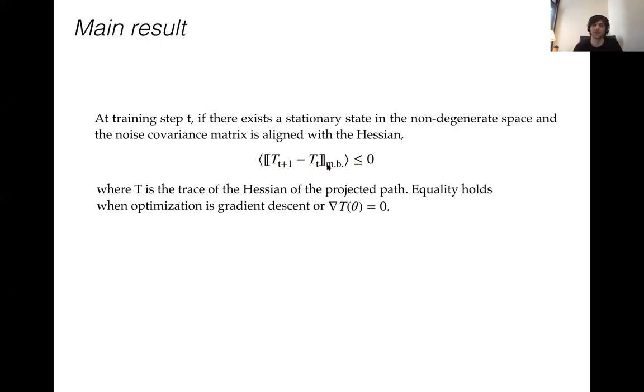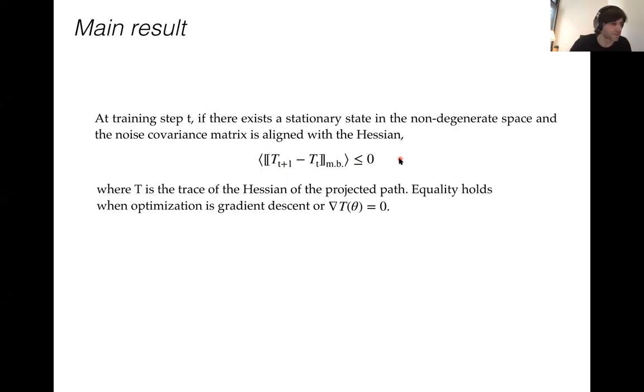So people talk about how SGD finds flatter minima, and we had this cartoon a couple slides back, and this is what we think is the right way of saying how SGD finds flatter minima. It finds minima that reduce the trace of the Hessian.